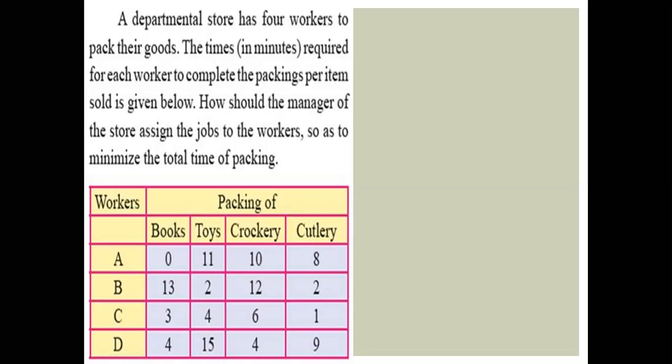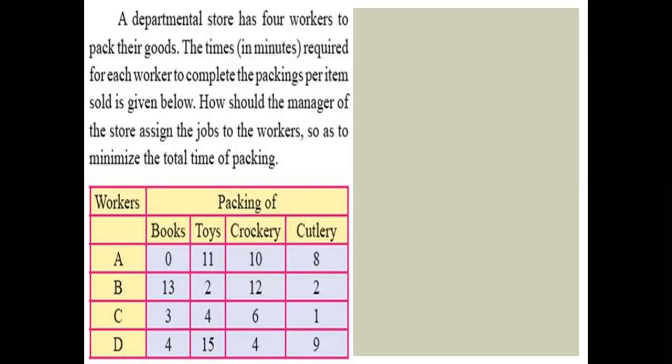So I can say that my problem is a balanced one. Second, the objective function specified is to minimize the total time of packing. So I have to find the best optimal solution that will help me minimize my total time of packaging. Let us see class how to start the solution.